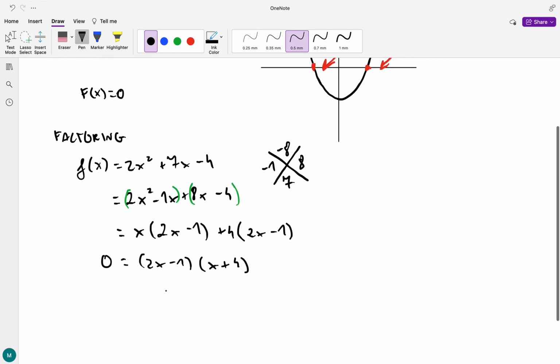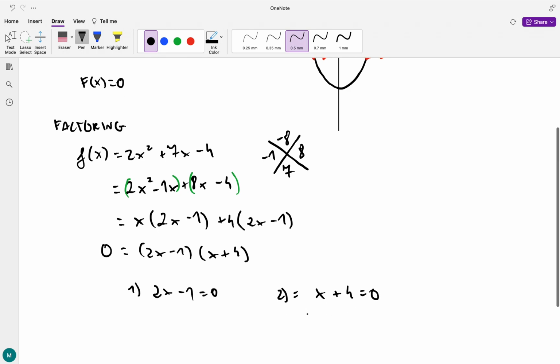Okay, so now we are going to make it equal to 0. And as you can tell, we are going to have two solutions that will satisfy this equation. So first, we have 2x minus 1 equal to 0, and then we have x plus 4 equal to 0.